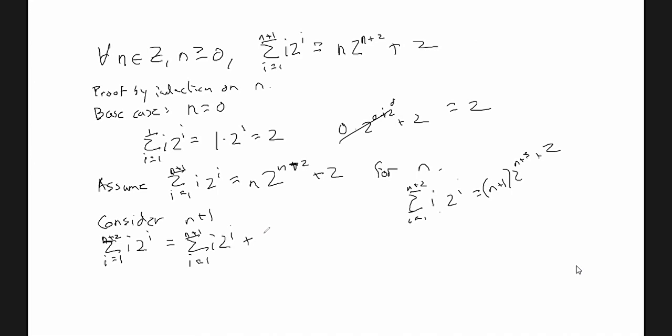So what I have left, I have n plus 2 times 2 to the n plus 2. You see that? Yeah. So now, according to the inductive assumption, what does this equal? The initial one, and 2 to the n plus 2.